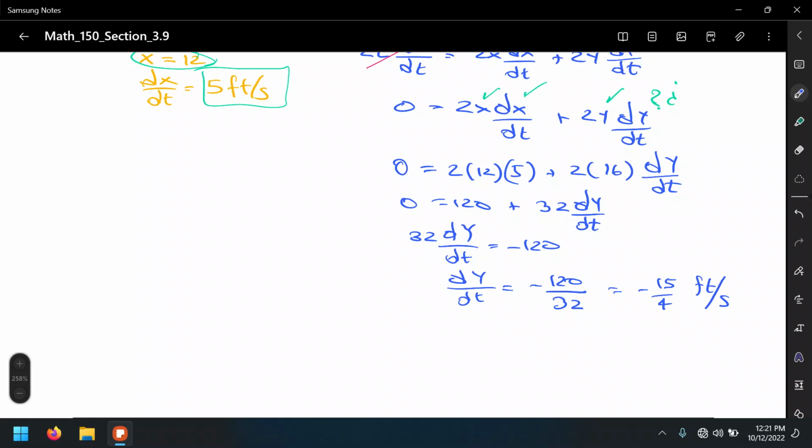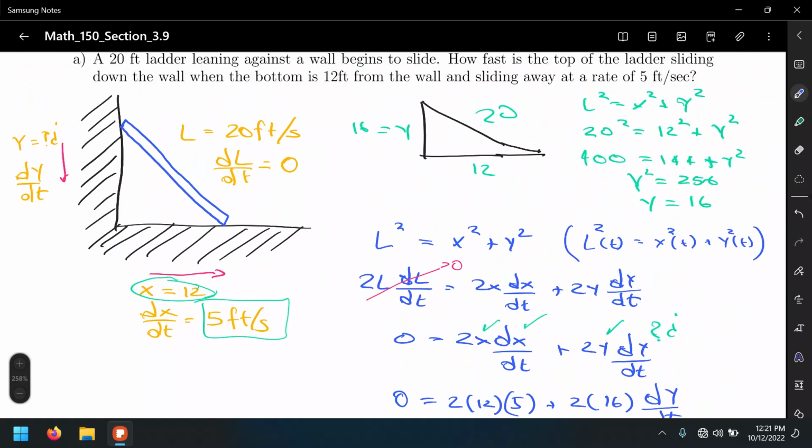To make sense out of the result, notice the sign of the result that we obtained here. It's a negative number. How does that make sense with the situation that we're working on? Because this distance y is getting smaller all the time because it's sliding down.